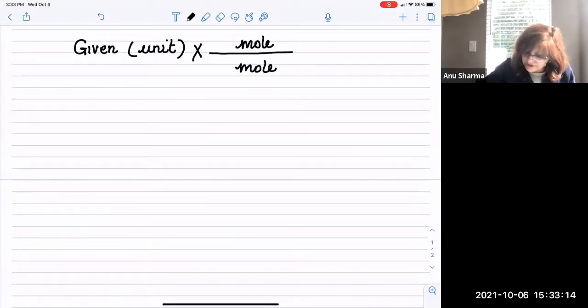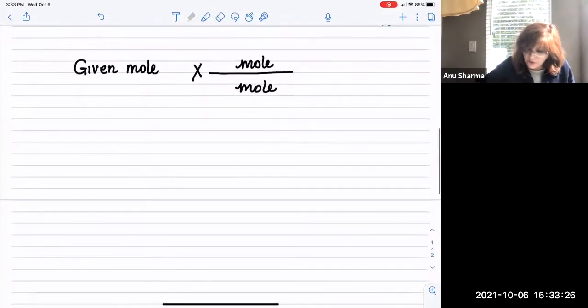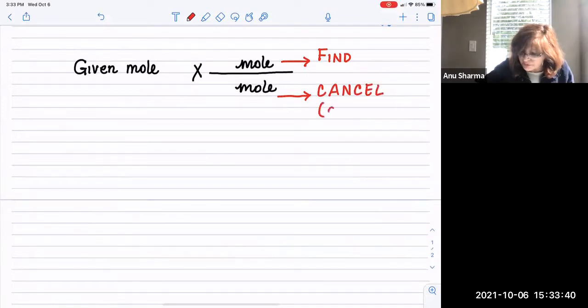So here, given moles, and these are the moles that you want to find, and these are the moles that you want to cancel out or remove.